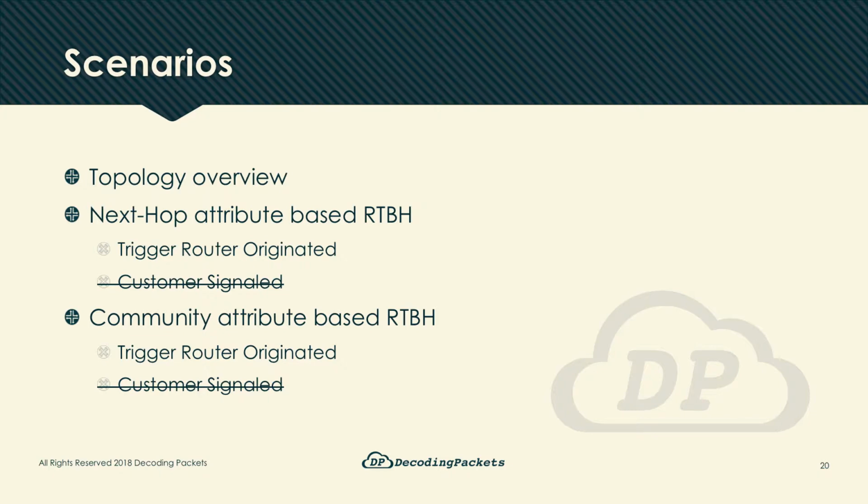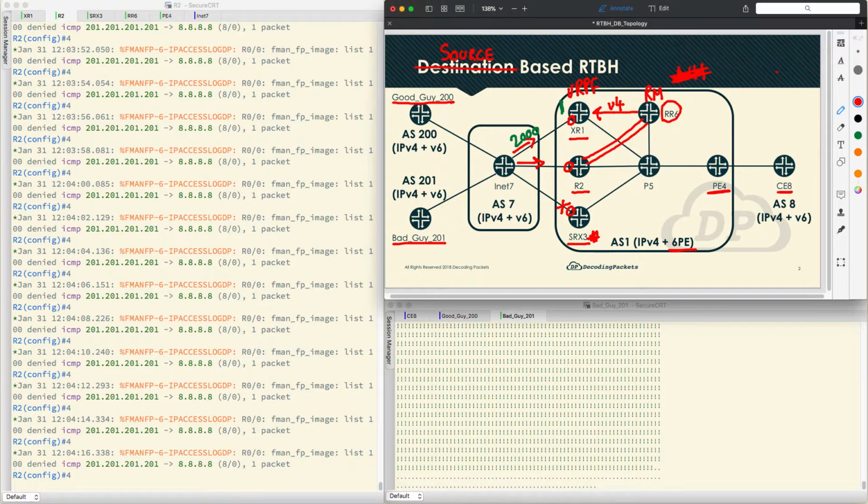Next is the community-based RTBH. Remember, in community-based RTBH, the trigger router will not change the next hop. The trigger router will just attach the RTBH community, which should be understood within the SP. Suppose in our case it is 1:666; all of the routes that need to be subjected to RTBH should be tagged with this community.